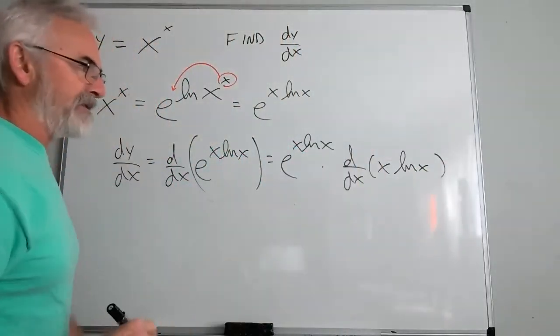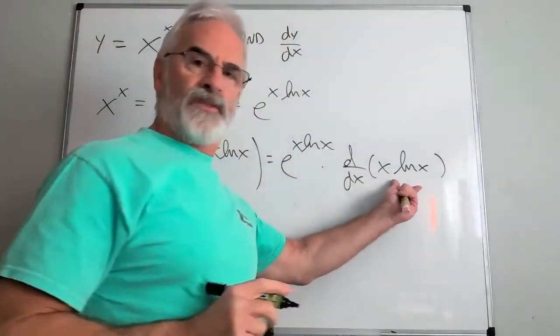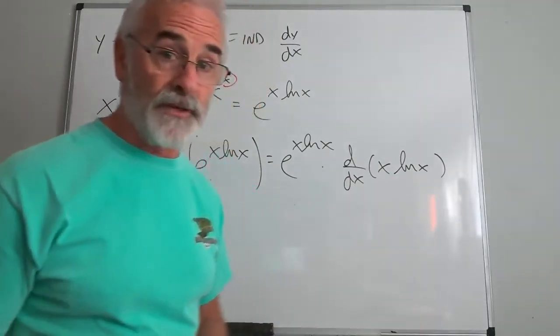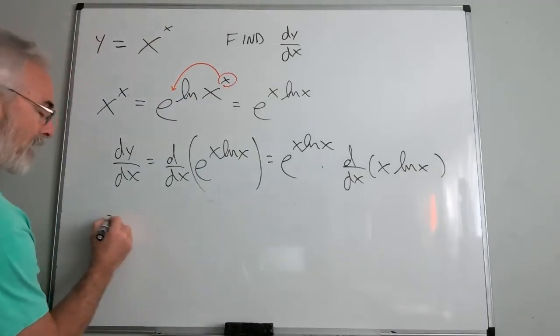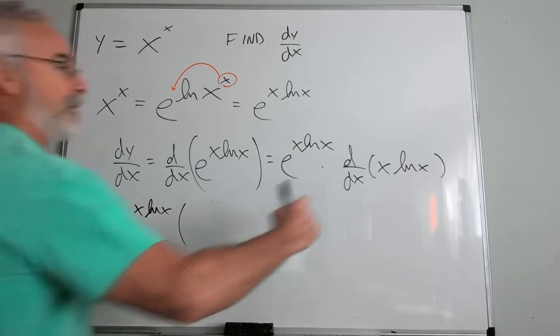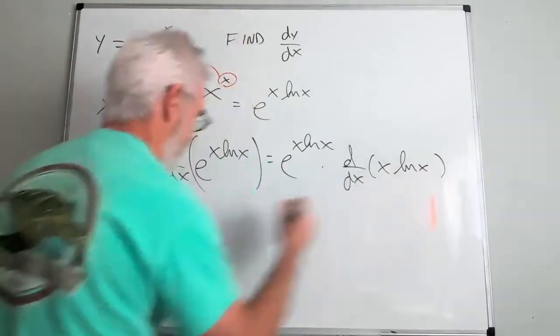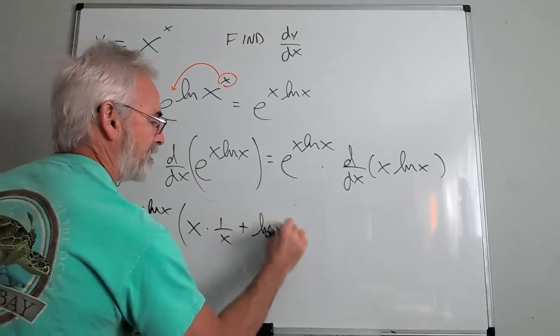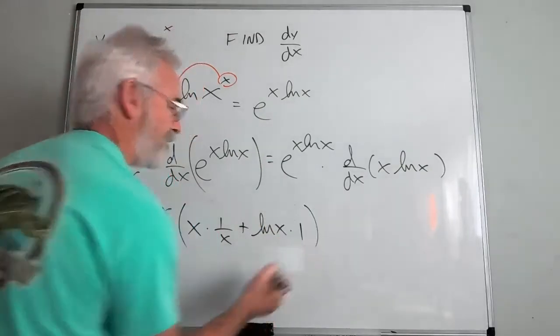Whatever I get here is my answer, but ultimately that's just a simple product rule. That piece right there is just not complicated. I still have to differentiate. So right now I've got e to the x log x times what? First times derivative of second plus second times derivative of first.